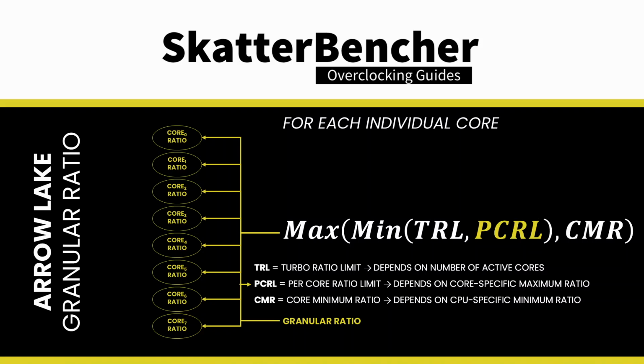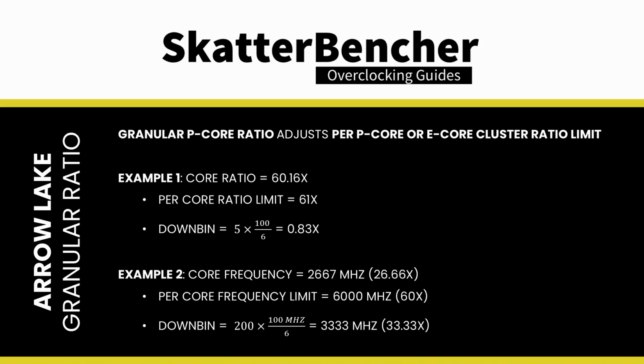That's because technically the granular ratios aren't set directly, but instead downbinned from the per core ratio limit. For example, let's say you set a granular ratio of 60.16x. In that case, the per core ratio limit is set to 61x and then downbinned 5 steps of 16.67 MHz, which is 100 MHz divided by 6.